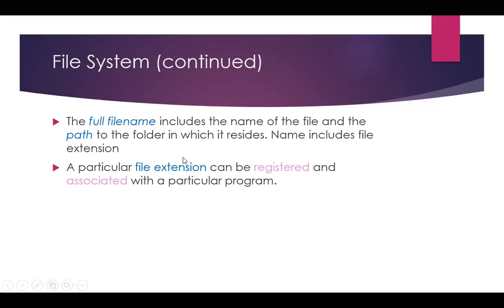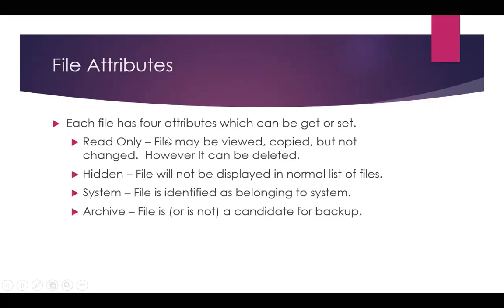For example, when you work on Microsoft Word, the file generated has the extension .docx. Whenever you work with Microsoft Excel, you generate a file with the extension .xlsx. So these are the extensions, and the extensions are registered by the operating system. Whenever you open that file, the operating system knows which program to open to utilize that file. So that is about the extension of a file.